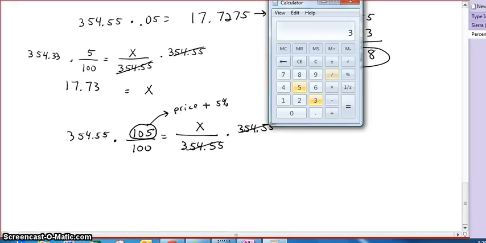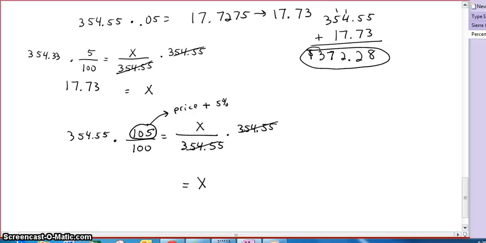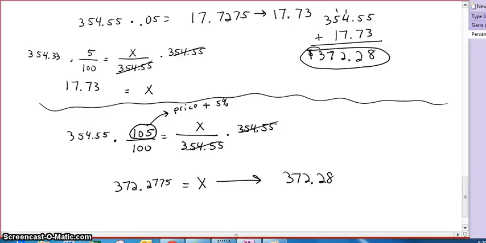That means 354.55 multiplied by 105 and divided by 100. So I get x equals 372.27. And when I round that, it becomes 372.28. Check that out. So I got the same price, and I did the work a little bit differently.